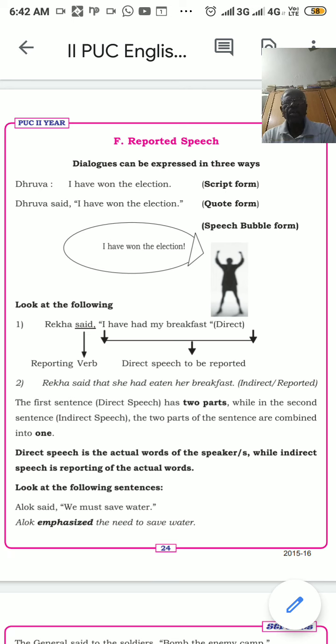These are all modals. So you must know, when modal auxiliaries are coming, they have to be changed into corresponding past tenses. For example, can becomes could, may becomes might, must becomes had to. In the next class, we'll see in the textbook itself, they have given you some examples of which verb becomes which form.